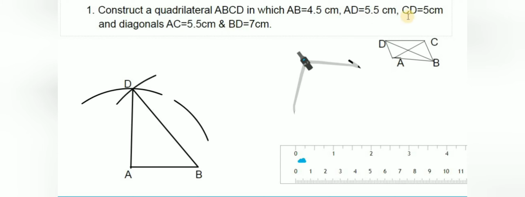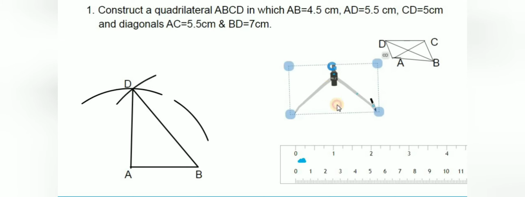And next one is CD. The remaining side is CD. According to the rough sketch, CD from point D to C is 5 centimeter.